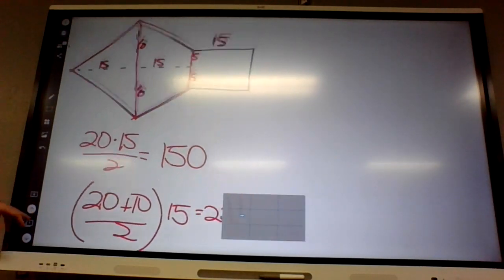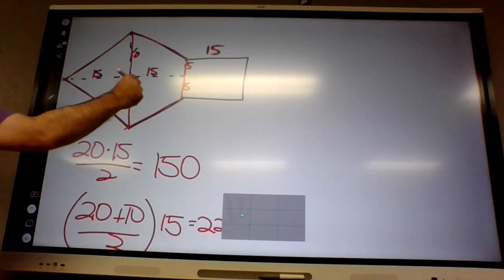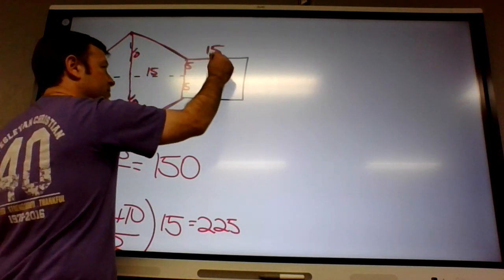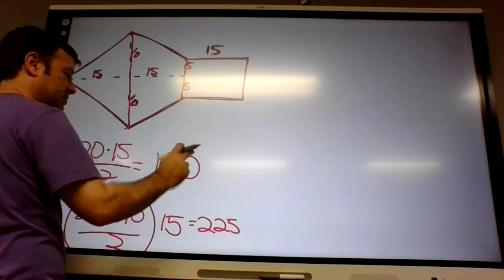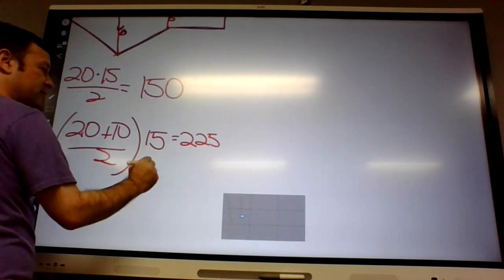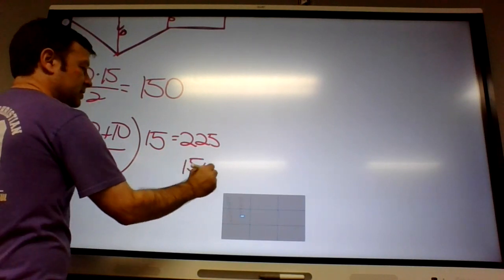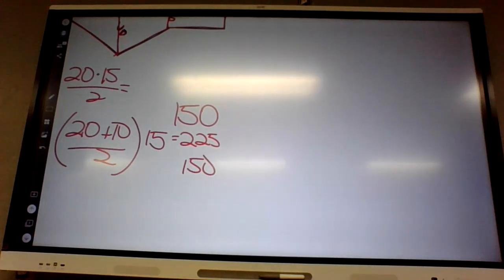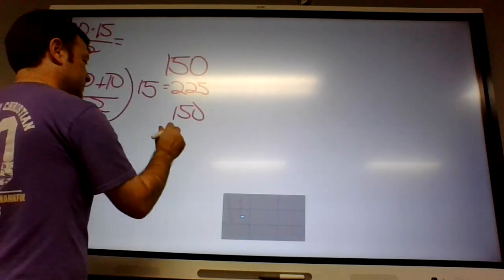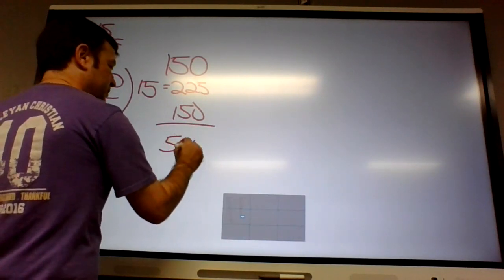And then last and probably least is the little rectangle. It's just 10 by 15, so another 150. So we got a 150, a 150, and a 225. What's 150 plus 150? That's 300. 300 plus 225 is 525.